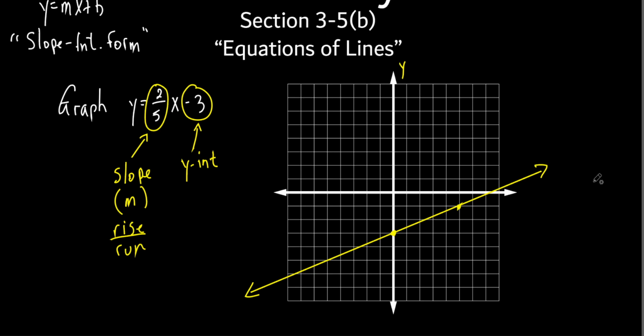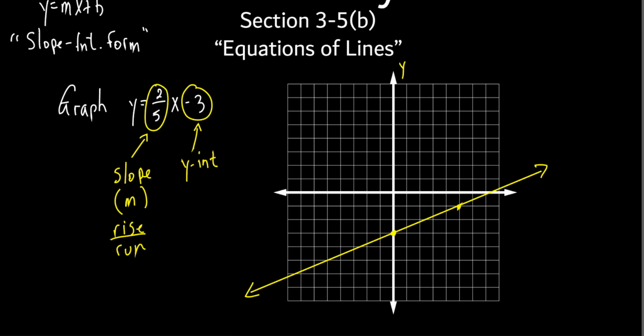What's hard about that? It's really nothing. You just have to know what these things represent. As long as you know what these things represent, it's very easy to do. So again, look at -3, put a point right there at -3. Look at this number that's right in front of the x. It's 2/5. That means it's rise over run. It's slope. So we rise 2, we run 5, put a point right there, connect the points, bang, you're done.